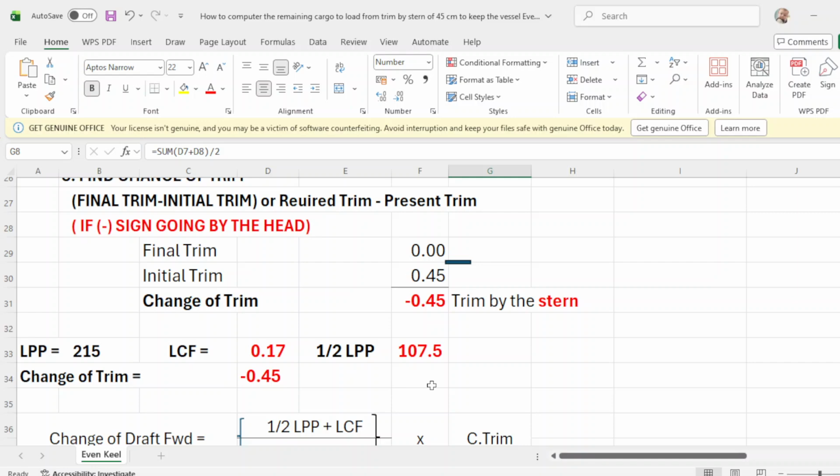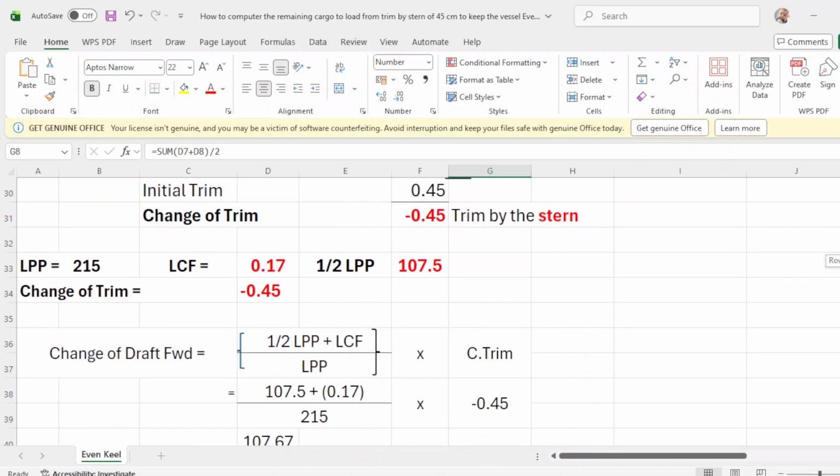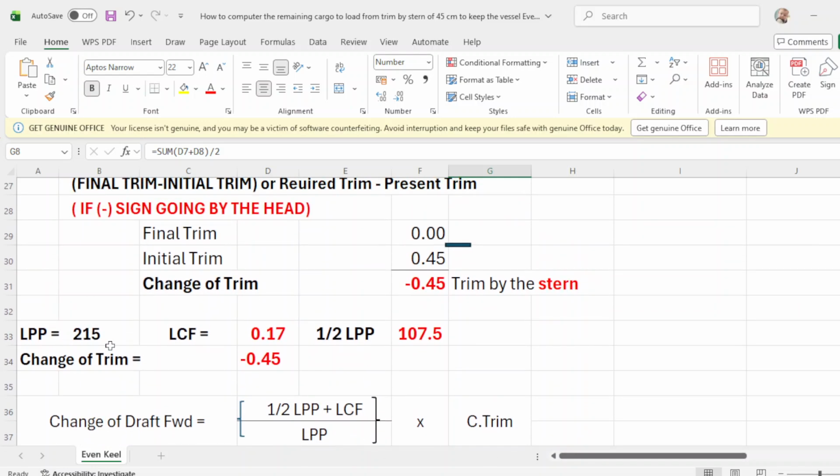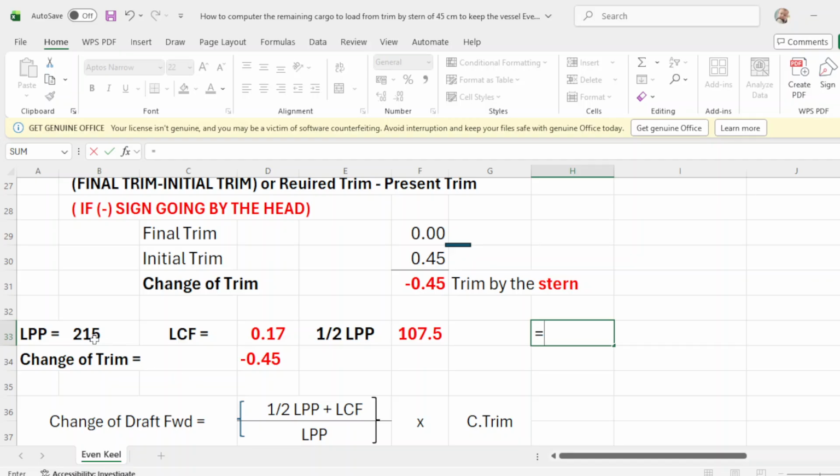One half of LPP, because your LPP is 215, one half of 215 is 107.5. Okay, you can do it like this. Equals LPP divide 2.